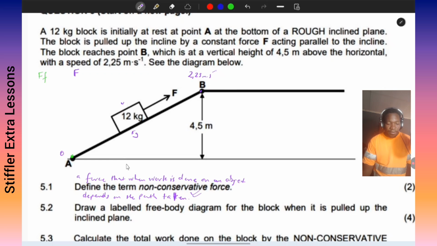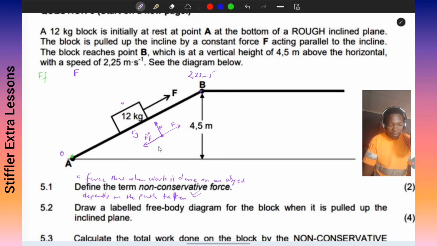But how can we draw this? When drawing this free body diagram, you have to remember that we're having an inclined plane there. So we are going to have the normal force. We also have this force that is parallel to the incline. And frictional force always opposes the motion, so it will act backwards.